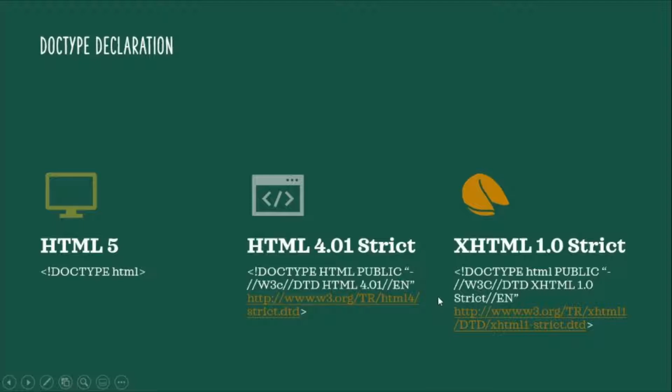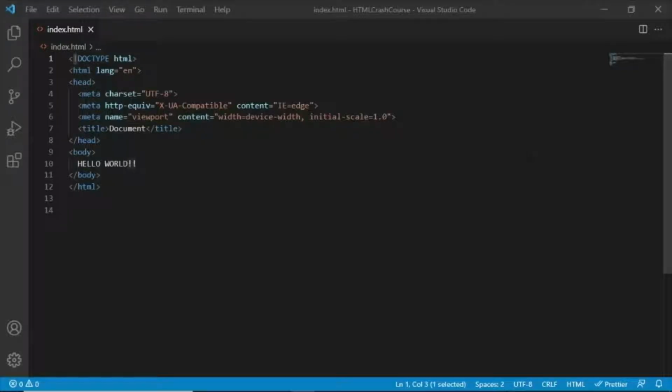If you have experience building websites way back before, you will need to specify the following declarations here. And of course, if you will be using XHTML, or Extensible Hypertext Markup Language, which is a lot stricter than the HTML5 version here. Okay, I just wanted you to know that.